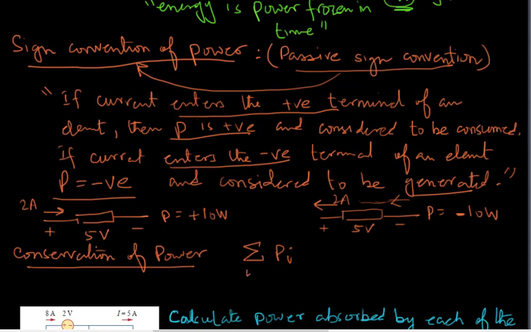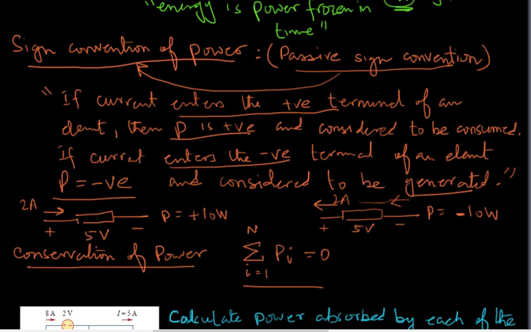For example, in a circuit there are 1 to n elements, there are 5 resistors, 2 voltage sources and other things, and they are all consuming or generating power. The law of conservation of power suggests that the sum of those powers is going to be 0. This is a very useful relationship. Sometimes we solve circuits using this relationship.